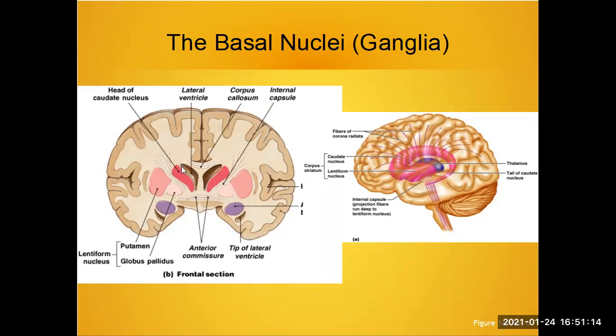You can see head of caudate nucleus, lentiform nucleus, putamen and globus pallidus, claustrum.